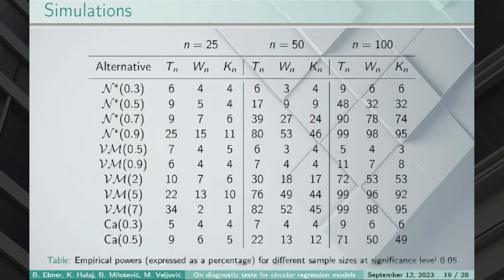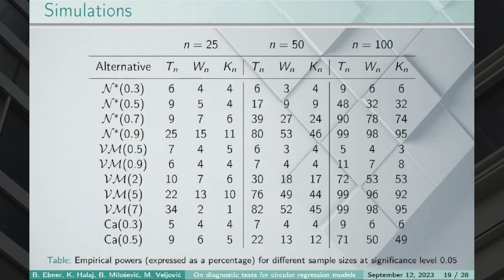From the empirical powers, we can see that with the increasing sample size, the power of each test is increasing. And we can also see that the test statistic Tn performs better than the classical ones.